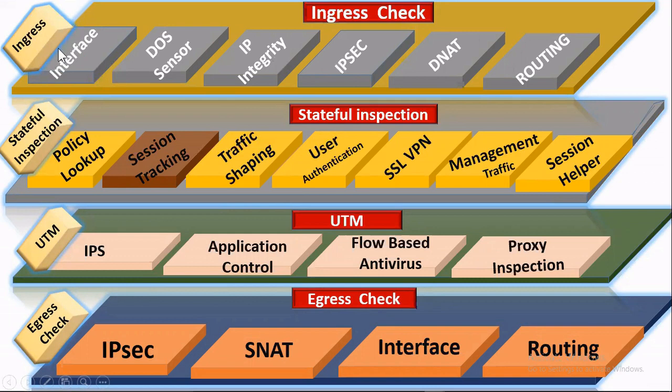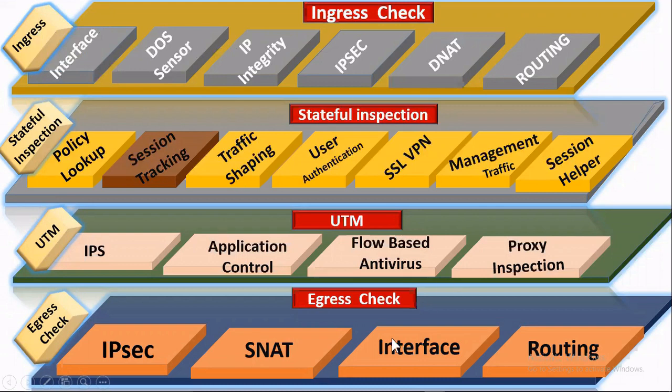If your packet is received from LAN, then LAN is the ingress interface. If it is received from WAN, then WAN is the ingress interface. Wherever the first packet is received, that is called the ingress interface.